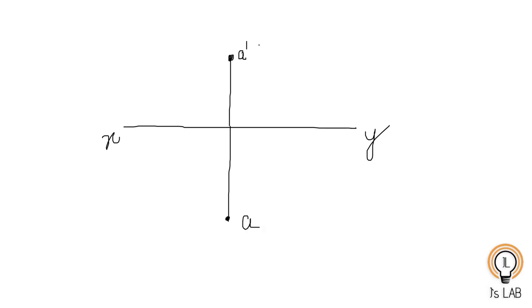A dash will be the front view, and a will be the top view. Don't forget to mark the dimensions as well. About dimensions, I will discuss in a separate video. You should draw the arrowheads, and write 50, 50, and this is 60. No need to write mm because all dimensions are in mm.